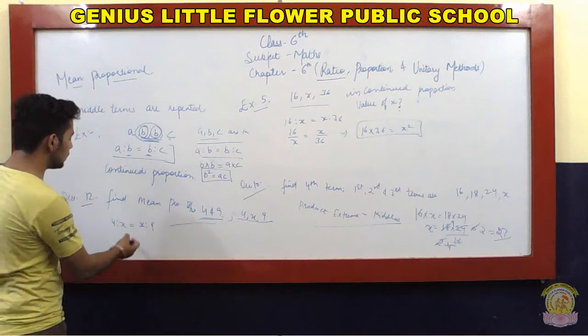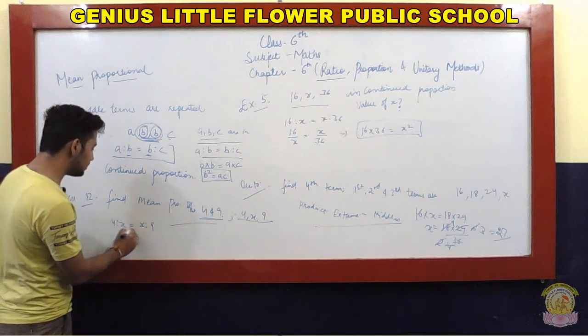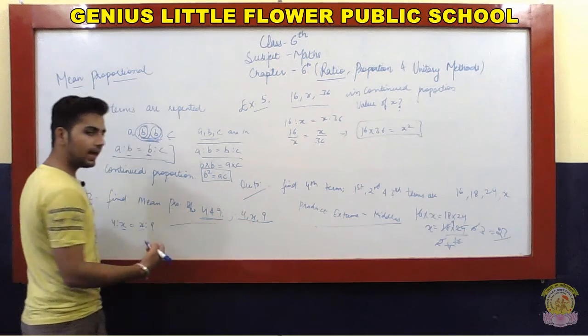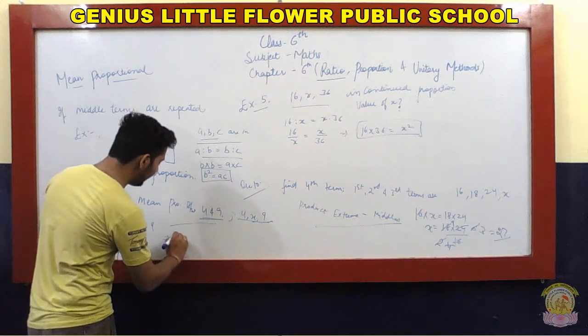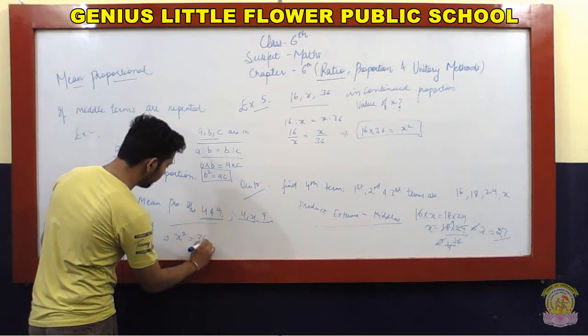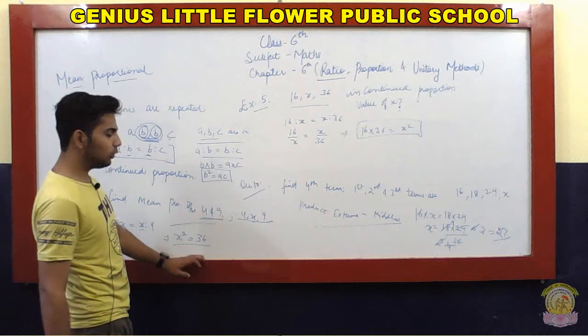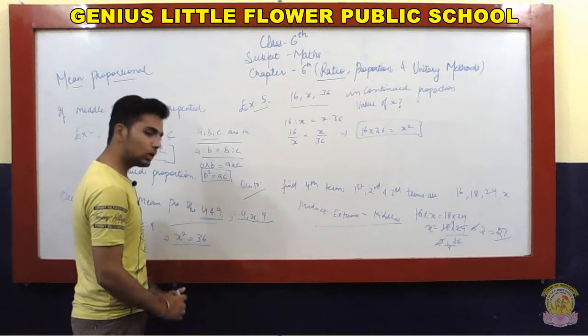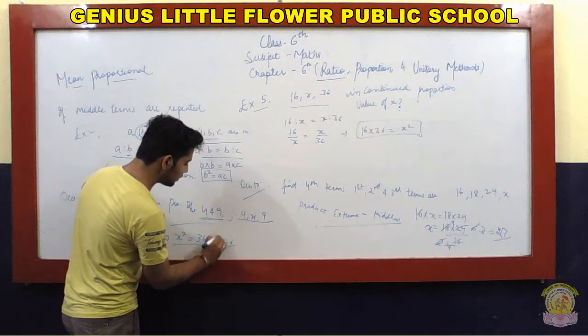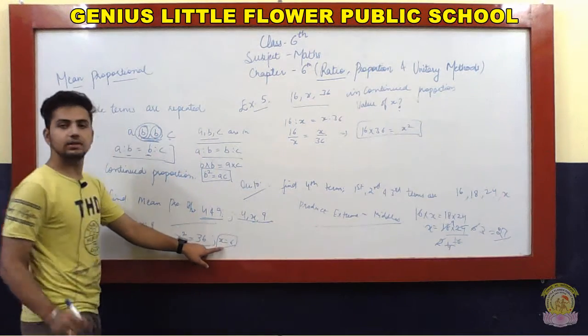You can also pick the extreme terms and the middle term. So you will have x square is equal to 4 nines, 36. So x square is equal to 36, so the value of x will be 6, because the square root of 36 is 6.